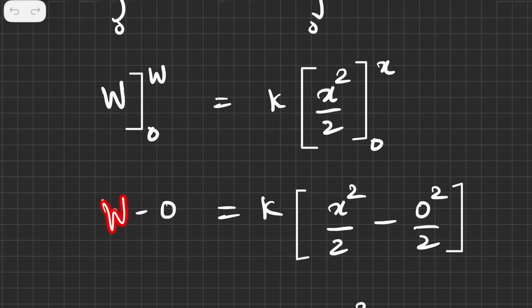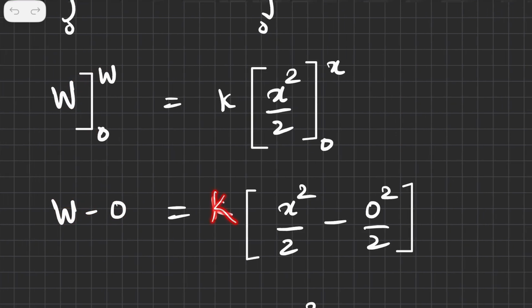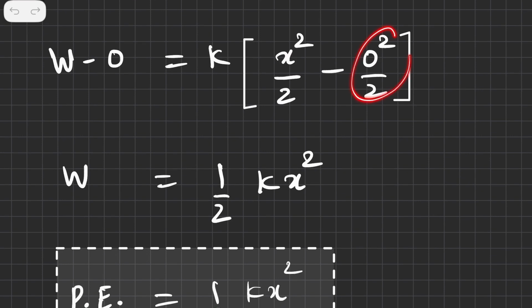You put an upper limit minus a lower limit. So upper limit is w, minus in place of w you have a 0, so w minus 0. As it is, in place of x you put an x, so you get x square by 2, minus, in place of x you put a 0, so 0 square upon 2. 0 square upon 2 is 0, so that is gone, and w minus 0 is w.